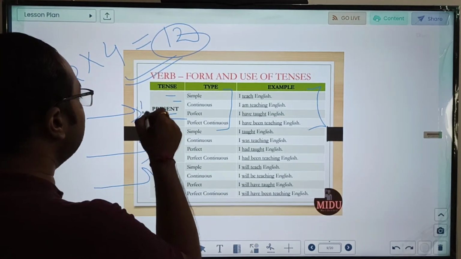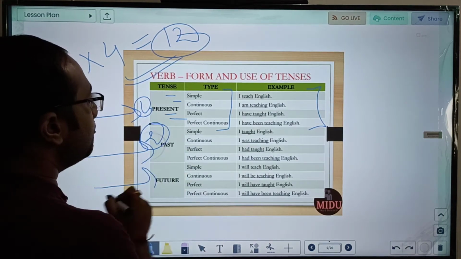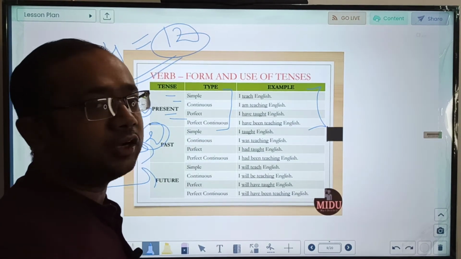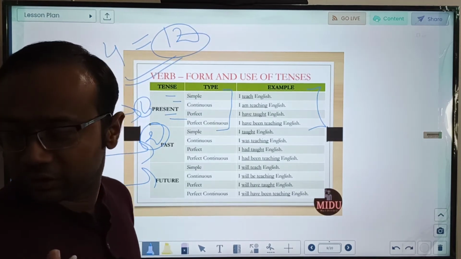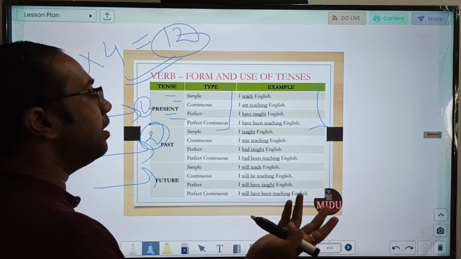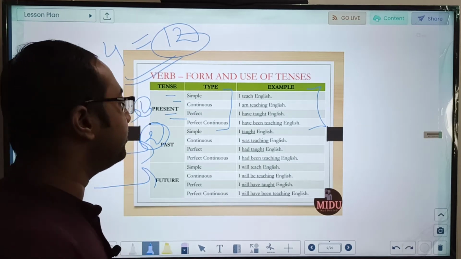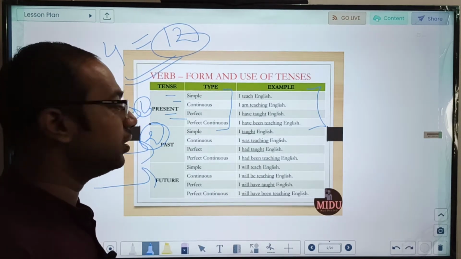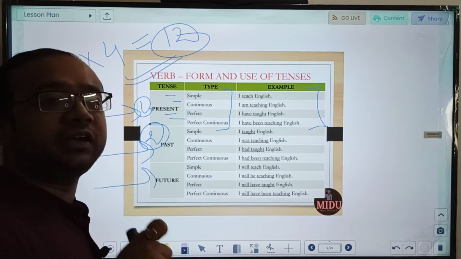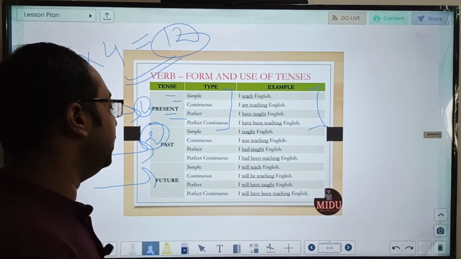Let us move to the second part, which is our past tense. So first is again simple, I taught English. So in past, I taught English, this is simple past. I was teaching English. So in some past period of time, continuity. I had taught English, perfect. I had been teaching English, perfect continuous.